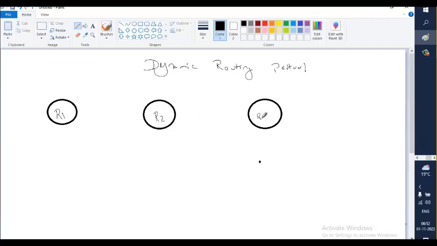So we got 3 routers, and see, there's an interface called loopback interface. It is not a physical interface.